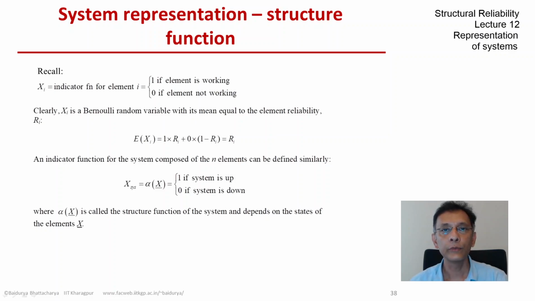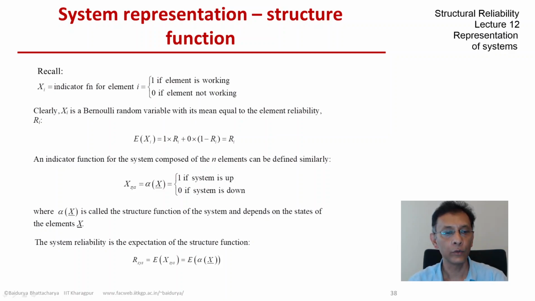It turns out that we can, and that function is called the structure function of the system. So it's a function of the element states, and it's equal to 1 when the system is up, and equal to 0 when the system is down, just like for the elements. And just as it was for the elements, the system reliability is the expected value of the structure function.